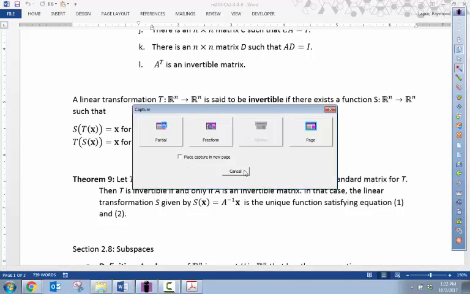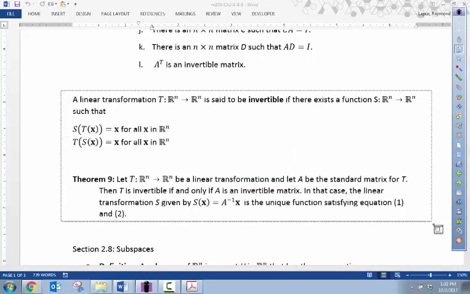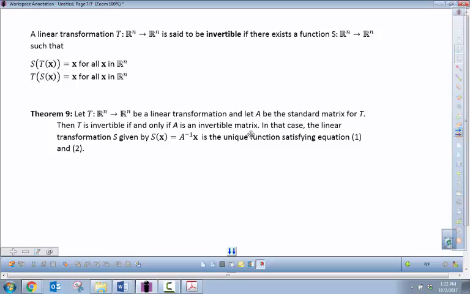One more piece of information from section 2.3. If we translate all this information to linear transformations, matrices are essentially linear transformations, right? Or if you have a linear transformation, you can write it as a matrix.